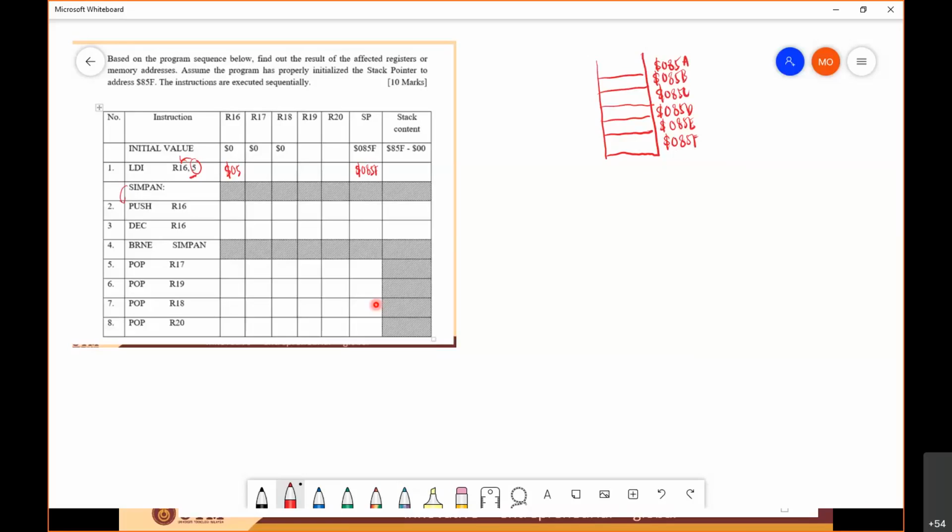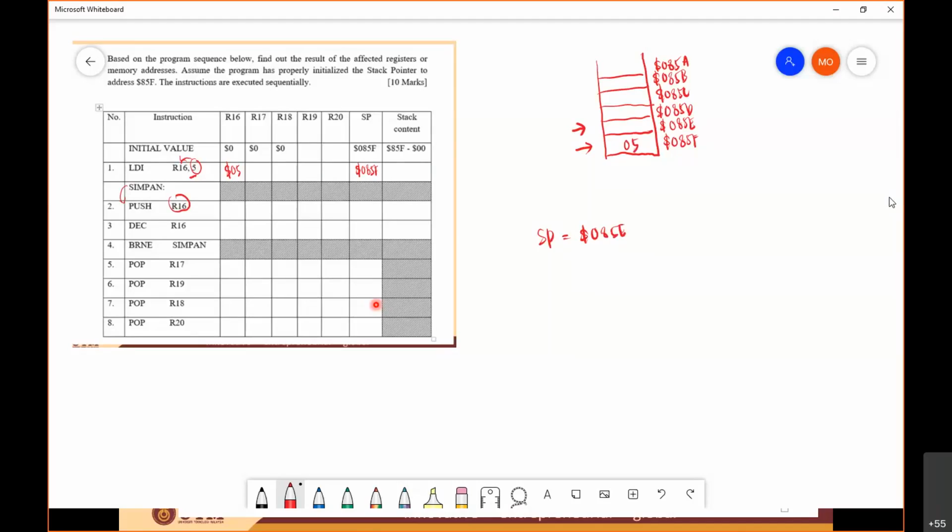Currently your stack pointer points to this one. After you execute this instruction, push R16, the stack pointer will be decremented by 1, so the stack pointer will point to address 085E. And then you put the value from R16 into your stack. So the stack here will become 05, and the stack pointer is decremented by 1.